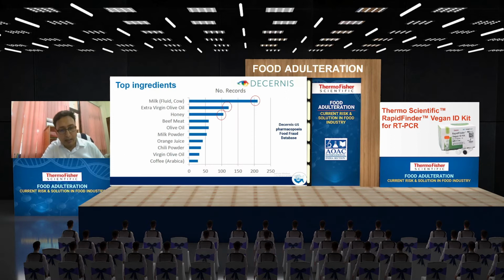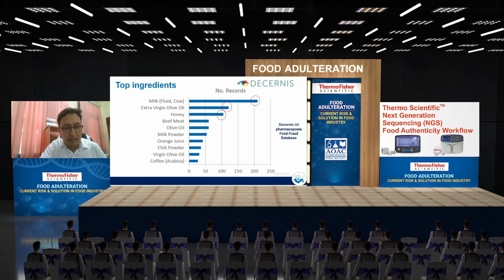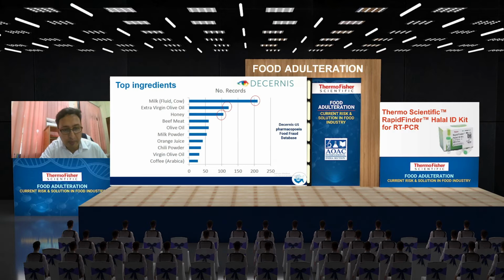Here again, I'm trying to make the case for my sector of fish and fisheries products and meat and meat products. These databases are a bit tricky. If you see commodity wise, milk, olive oil and honey are the most vulnerable commodities taken for food fraud detection.